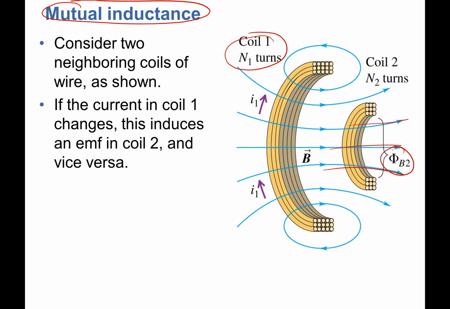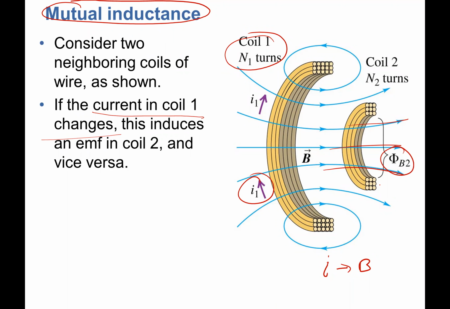If the current 1 is constant, coil 2 is not going to do anything. It's just going to sit there. But if the current in coil 1 starts changing, you are changing the magnetic field, and the magnetic field through coil 2 will be changing.